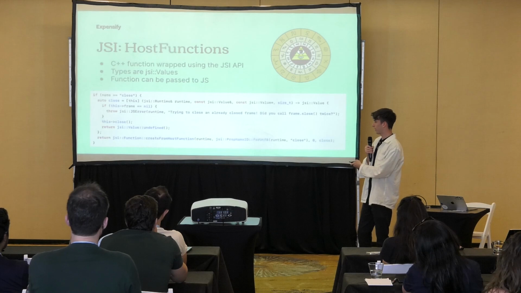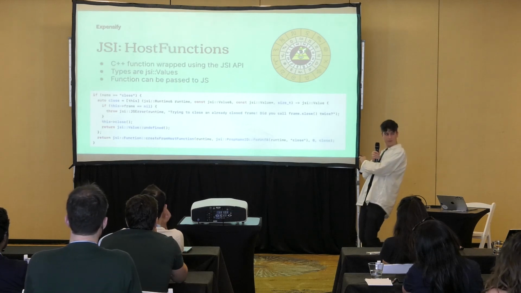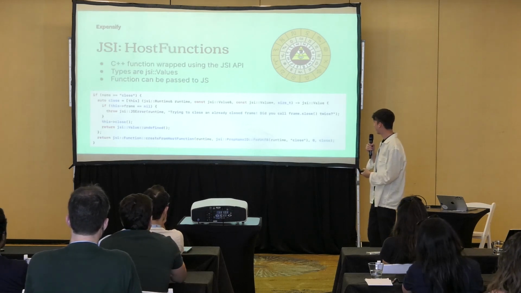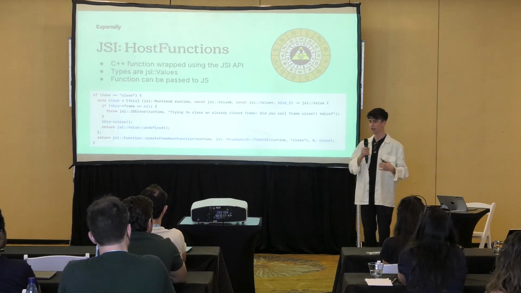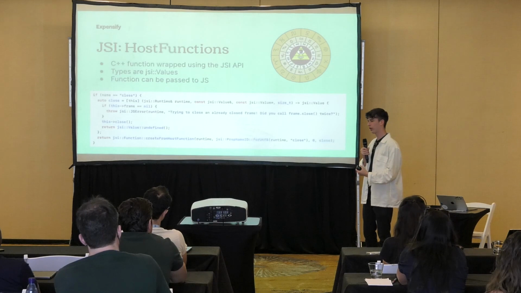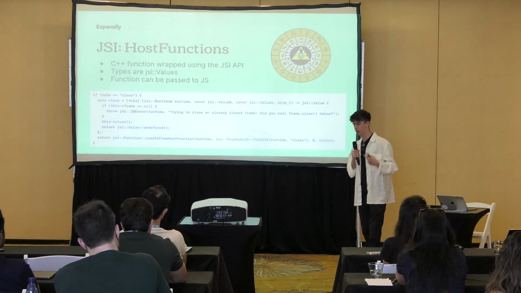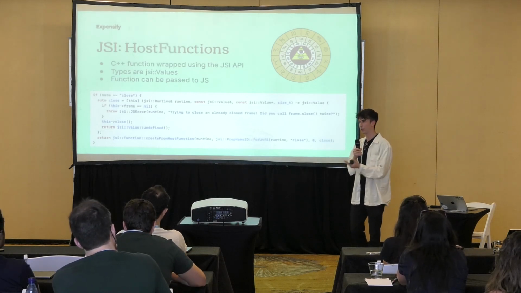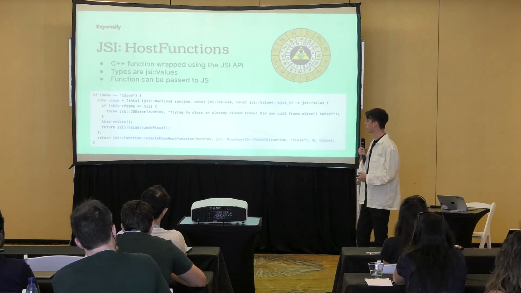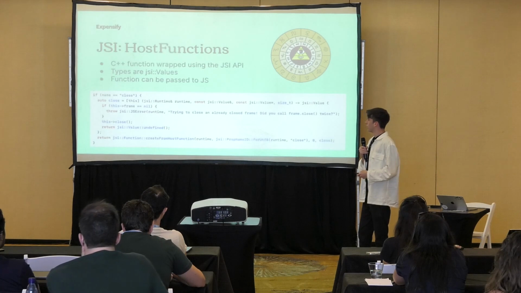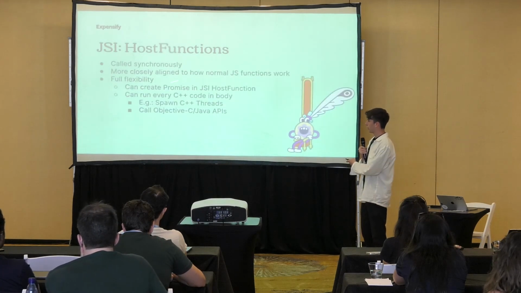And this also implies that you can return JSI values. This also means that you can call a native C++ function that is exposed through JSI synchronously and get a result back. It's a synchronous invocation, so you're not just batching something, and you can actually return stuff there and use it in JavaScript. Right, so yeah, called synchronously.